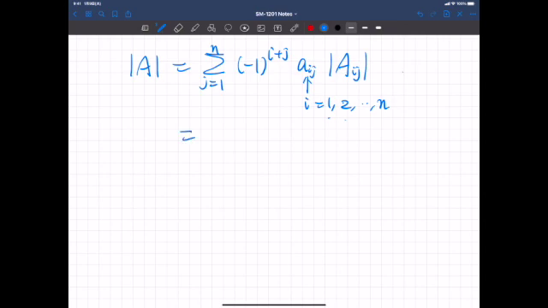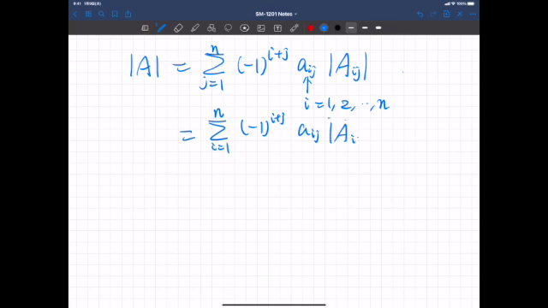Or we could even choose any column rather than any row. So instead of choosing a row, we can choose a column, let's say the jth column. Then we have this definition.